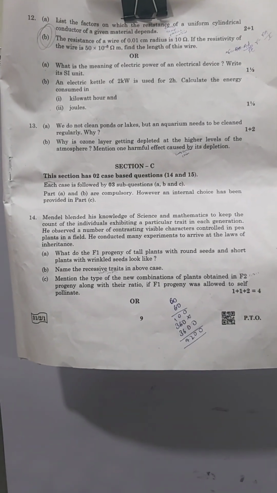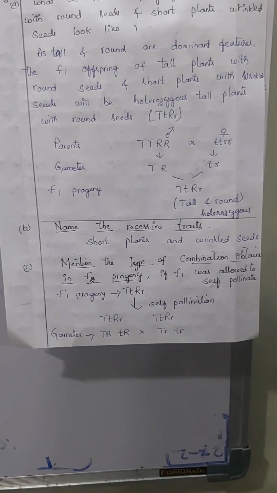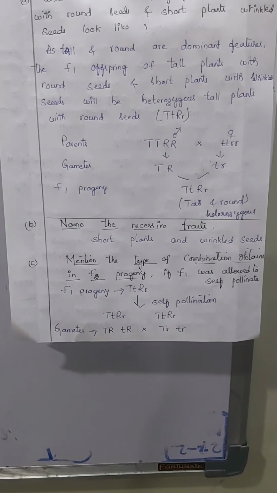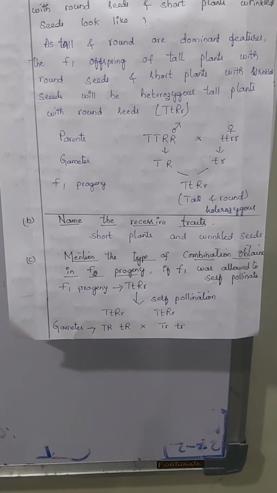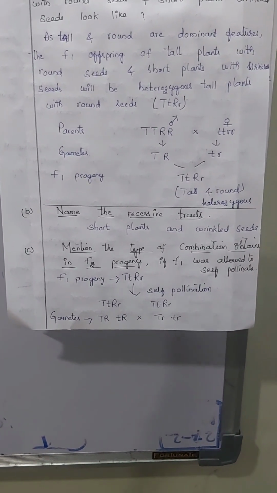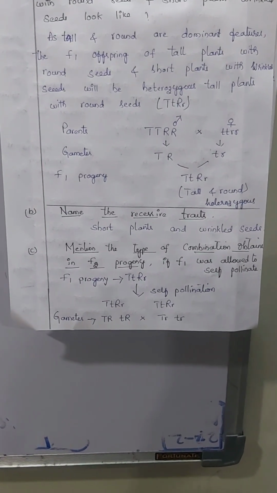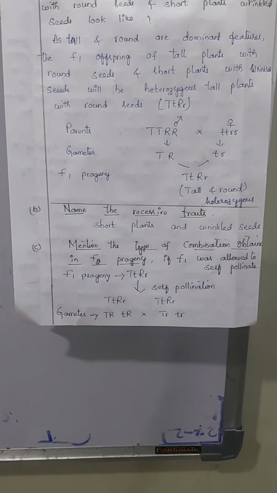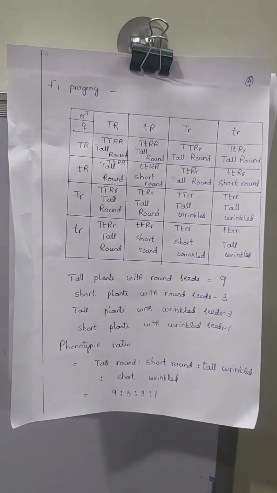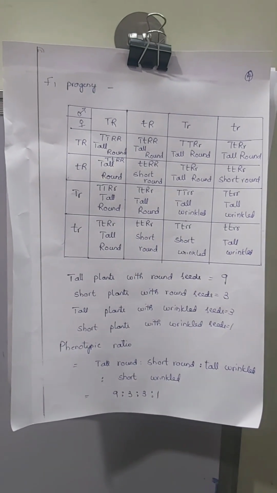Second one is, name the recessive traits in the above case. Short plants and wrinkled seeds are recessive traits. Last one is, mention the type of new combinations of the plants obtained in F2 progeny along with their ratio if F1 progeny was allowed to self-pollinate. The F1 progeny we got, tall and round heterozygous, we are self-pollinating, and the gametes formed are TR, tR, Tr, tr.